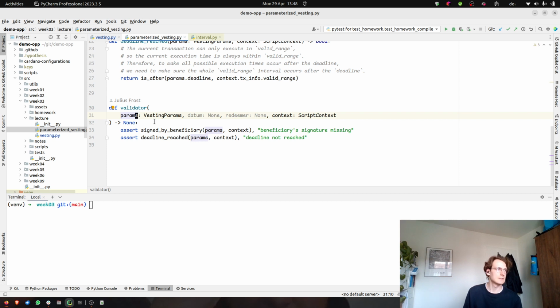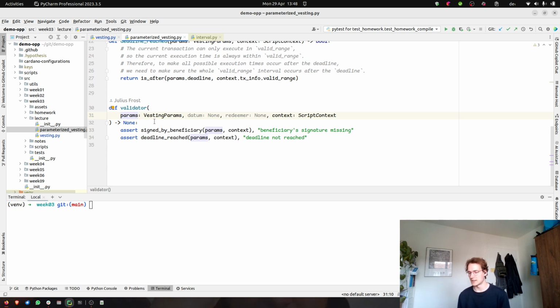Then you can think about whether there are values that are more of a constant than an actual parameter to the contract. Imagine you have a pool in a decentralized exchange, and there is a fee that this pool takes on every trade. Now you have two choices: either you hard code the fee into the contract, or you provide the fee as part of the pool state.